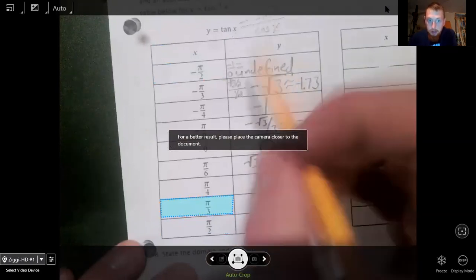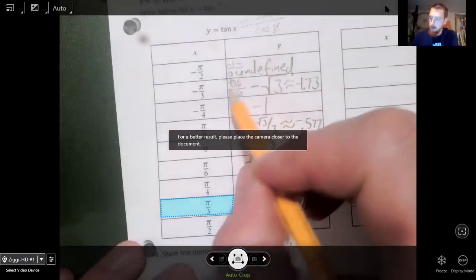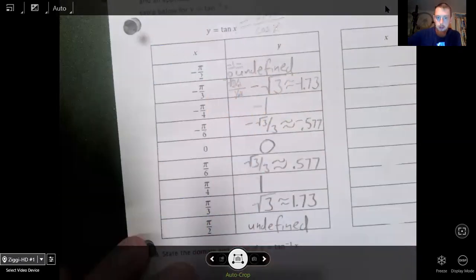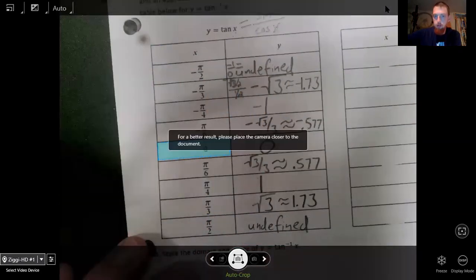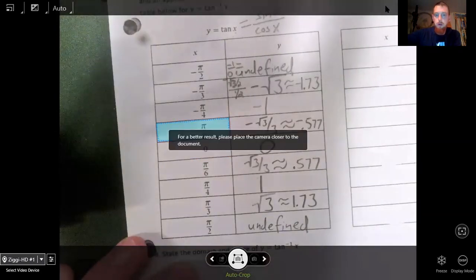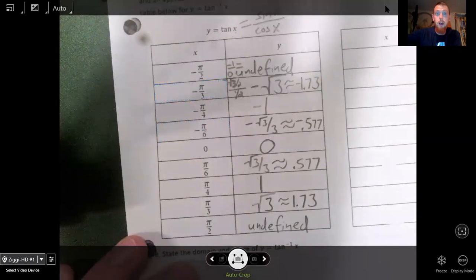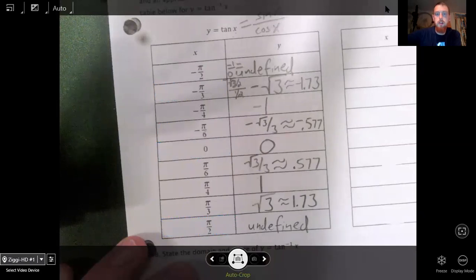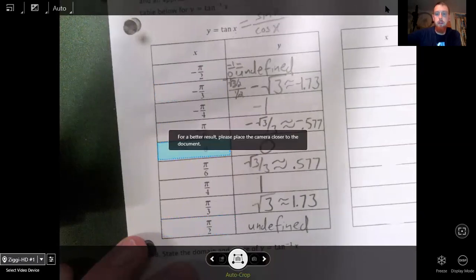We've also got this value right here for the tangent of negative pi over 3. There we go. Negative square root of 3 over 2, that's the sine of negative pi over 3, divided by the cosine of negative pi over 3, that's 1/2. If we work that fraction out, those 2's in the denominator would cancel. We get negative square root of 3. That's negative 1.73.